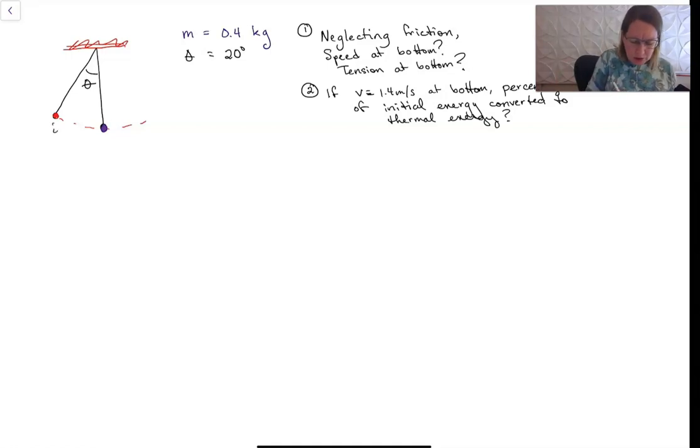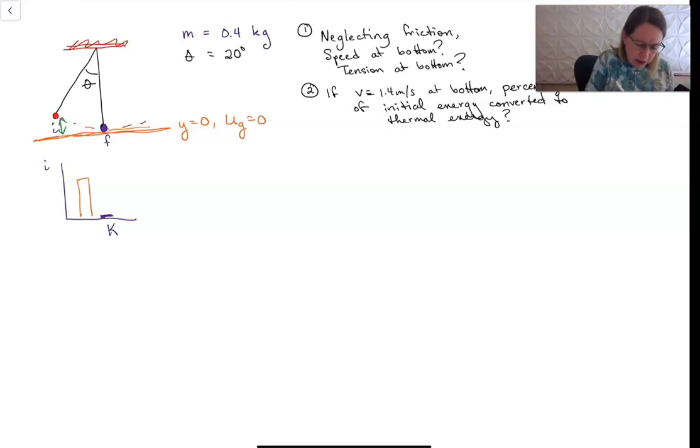So I'm going to call this the initial and this the final, and I'm going to set up my diagrams here to say this is my initial situation, and I have no kinetic energy because it's starting from rest, and so everything is in potential energy, which would be gravitational potential energy, which we would find if I set this as my y equals 0, so therefore my Ug equals 0, then I just need this height right here, h, to be my gravitational potential energy initially.